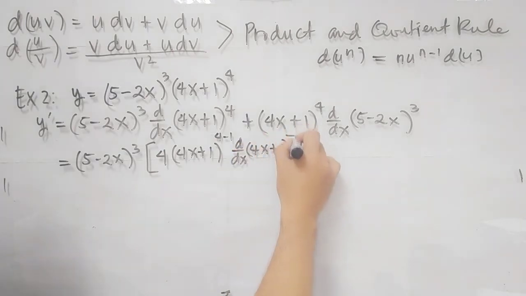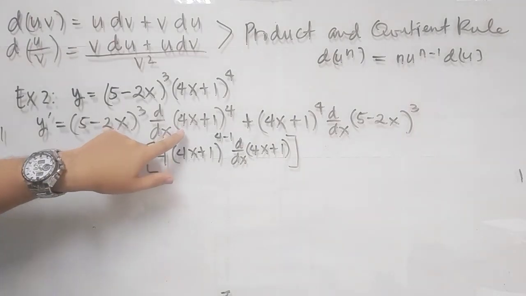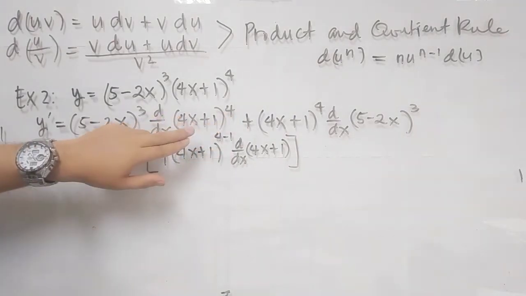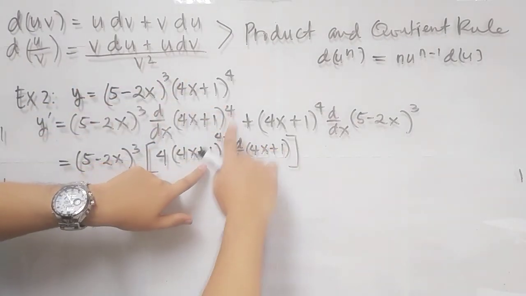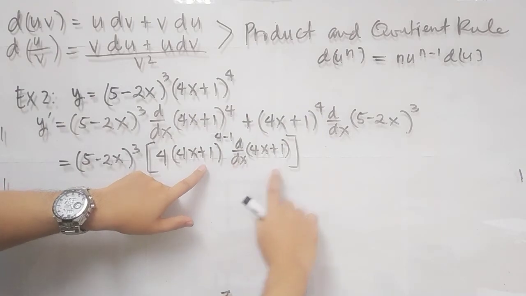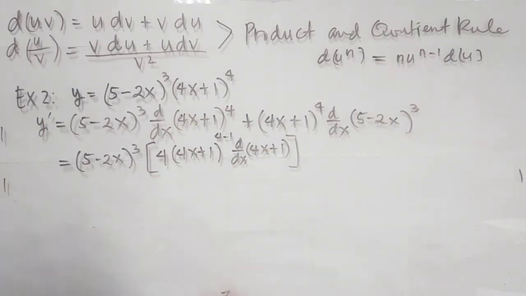So this is how we take the derivative using power rule. U to the n equals n u to the n minus 1 du. That is our formula for a power rule. So this is our solution for this part.